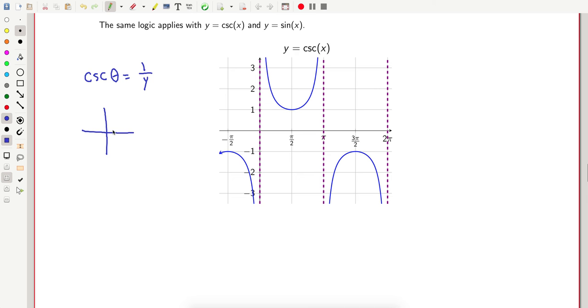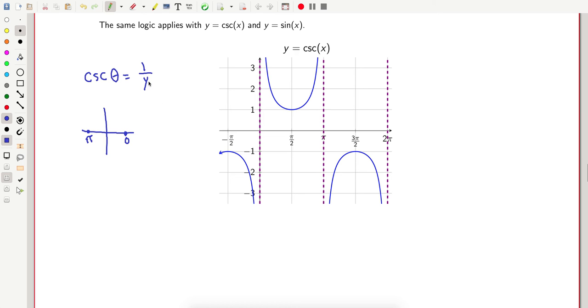Your y values are 0 if you're on the x-axis, so at 0 degrees or 0 radians, and also on the negative x-axis, like pi or 180 degrees. Then every 180 degrees thereafter, you just go back and forth, flipping from the positive x-axis to the negative x-axis.